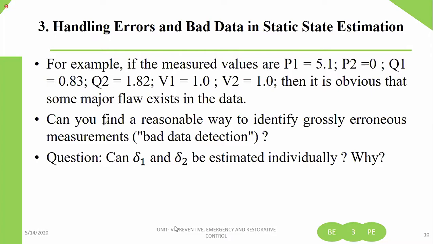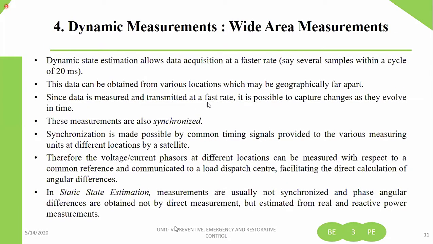So can you find a reasonable way to identify gross erroneous measurement, or bad data detection? Which means we have to ask ourselves, can del 1 and del 2 be estimated individually? And how will we estimate them? That is why nowadays a different technique, dynamic measurement or dynamic state estimation, is going on.